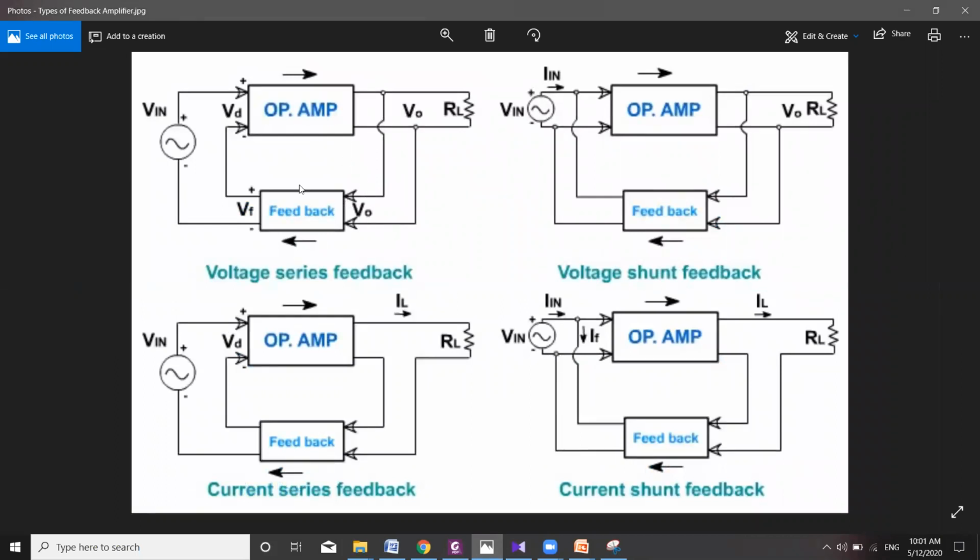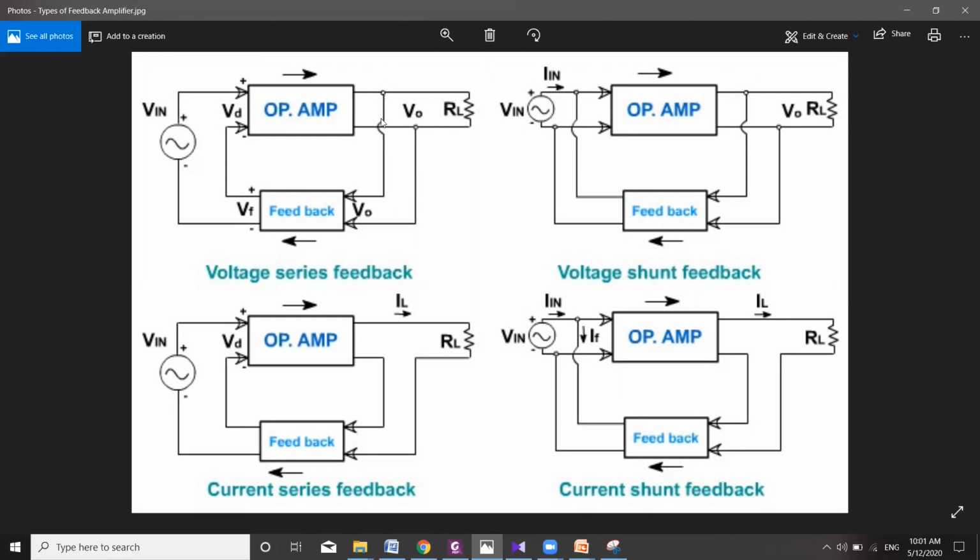This figure 1 that you see on the screen is the voltage series feedback. This is the operational amplifier, op-amp 741 IC. We are giving the input Vin and getting the output, and this output is taken out in parallel. Just see here, one line is here, another line is here, and these lines are not touching each other.